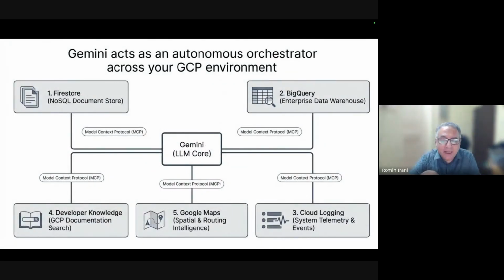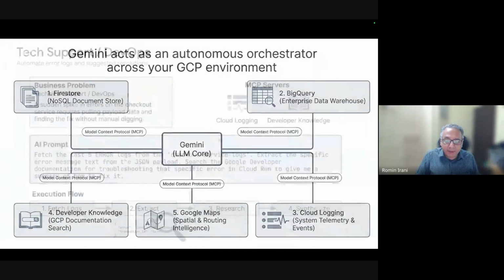So again, keep in mind at a very high level, Gemini is still playing an orchestration role. We are in Gemini CLI, but behind the scenes, it's the model which will interpret what your prompt is and then figure out which tools are available, which one to call, and combine all of that stuff. This is just giving you a very big picture with a few MCP servers, nothing major happening here.